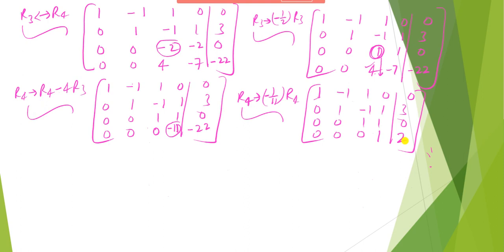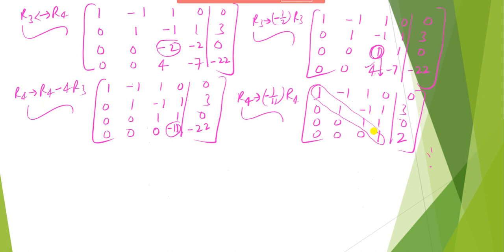Now the coefficient matrix A is converted into the upper triangular form of a matrix, because these are the diagonal elements, and all the entries below the diagonal elements are 0. But our aim is to reduce the coefficient matrix into the diagonal form of a matrix by performing row elementary operations.